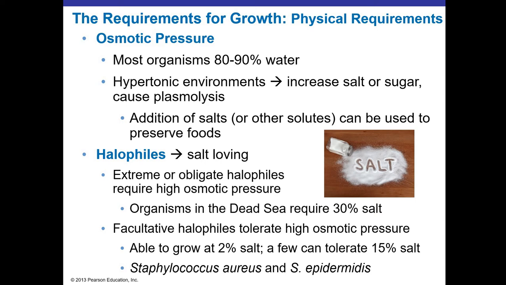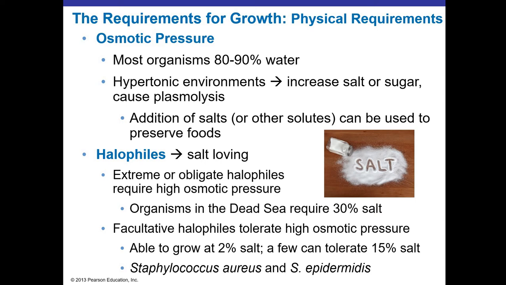If you remember, physiological saline is around 0.9%, so this is just an extreme amount of salt. And the reason people called it the Dead Sea is that very few things can survive there, but it's not devoid of microbial growth.